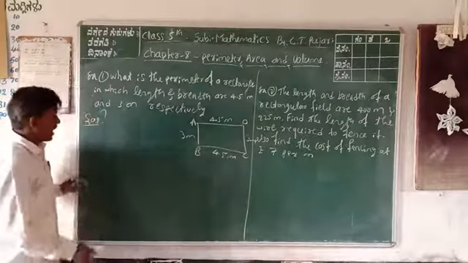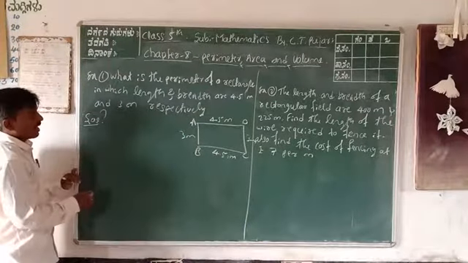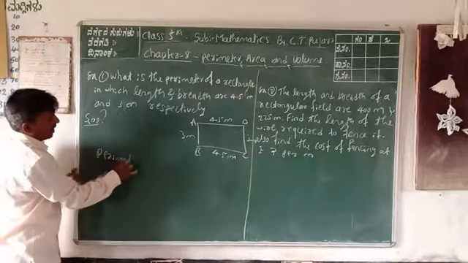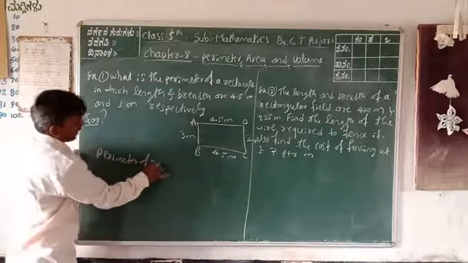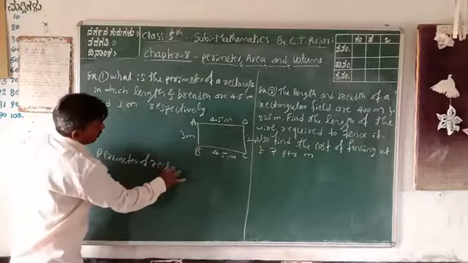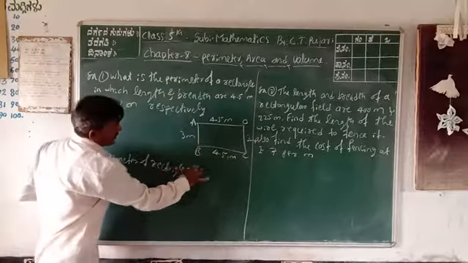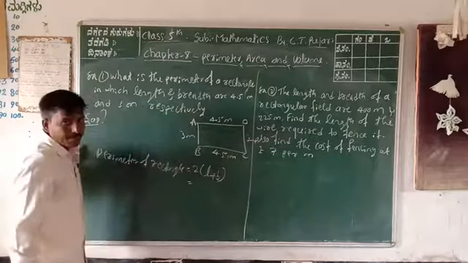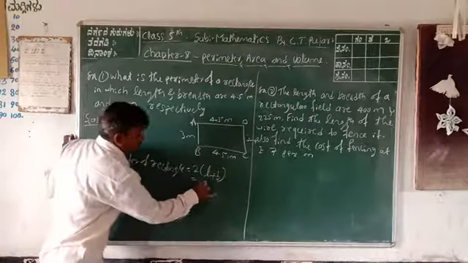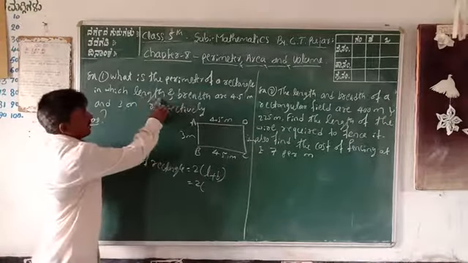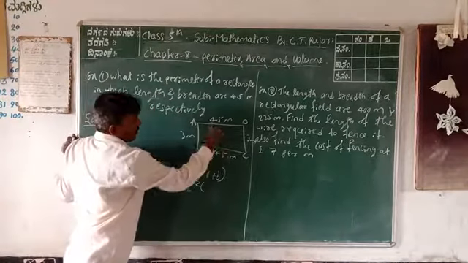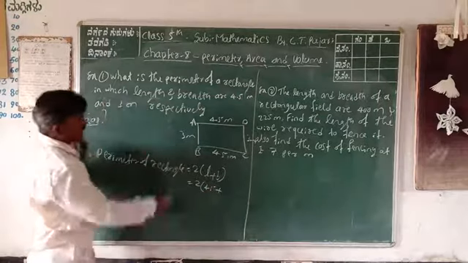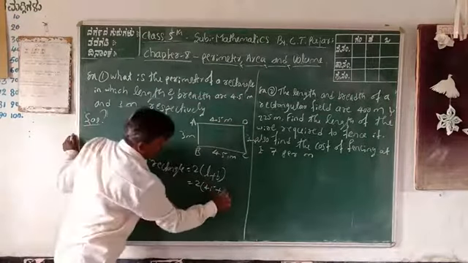Now the solution by the formula. Perimeter of rectangle is equal to 2 into bracket of L plus B. L means length, B means breadth. 2 into length, length is 4.5, plus breadth, breadth is 3 meter.